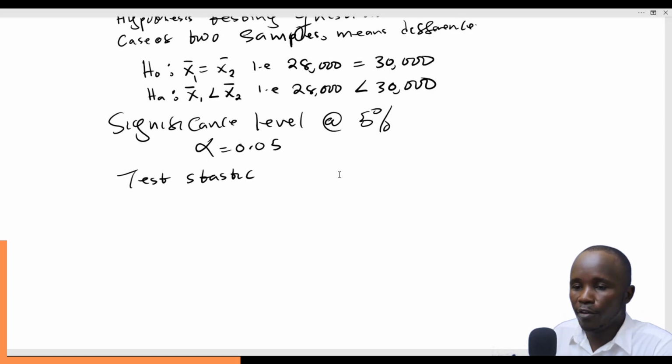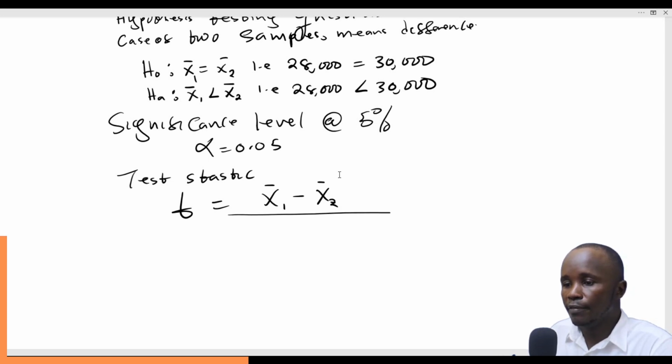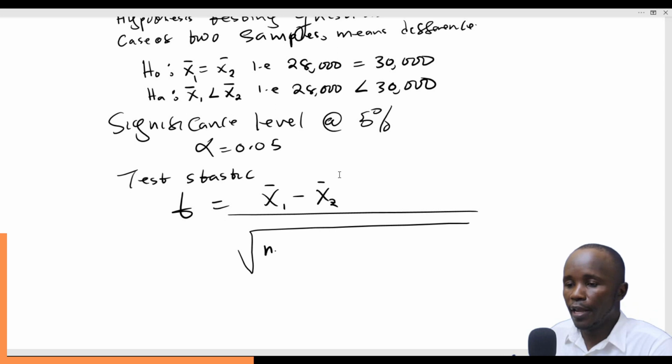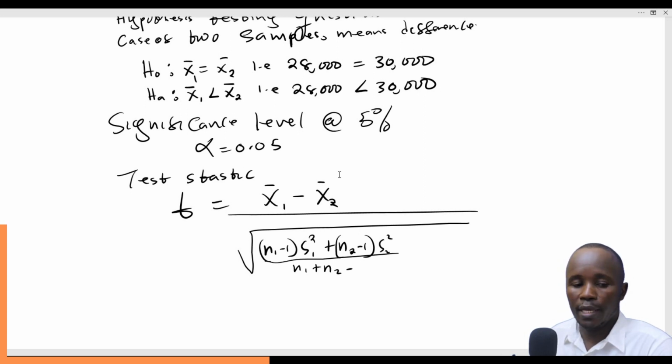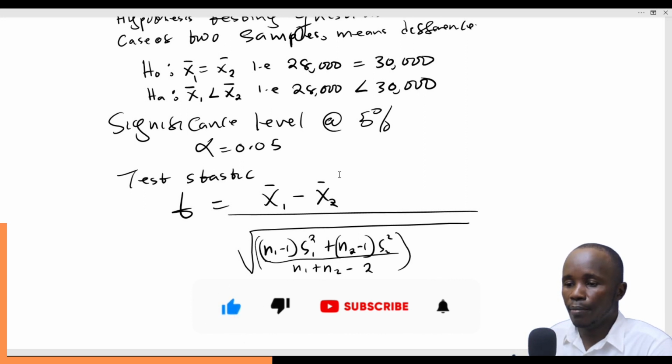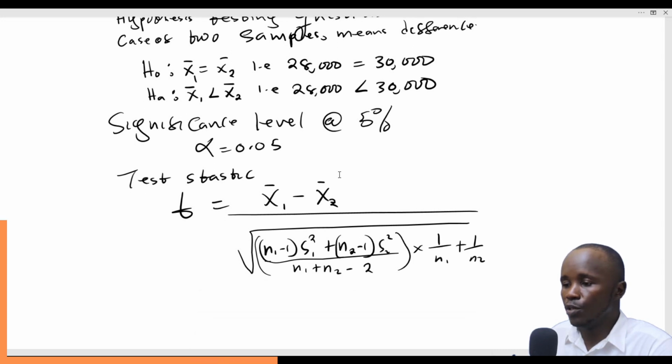There is a formula which says that t is equal to x bar 1 minus x bar 2, divided by the square root of n1 minus 1 times standard deviation 1 squared, plus n2 minus 1 times standard deviation 2 squared, the whole of this divided by n1 plus n2 minus 2, and then you multiply this by 1 over n1 plus 1 over n2.